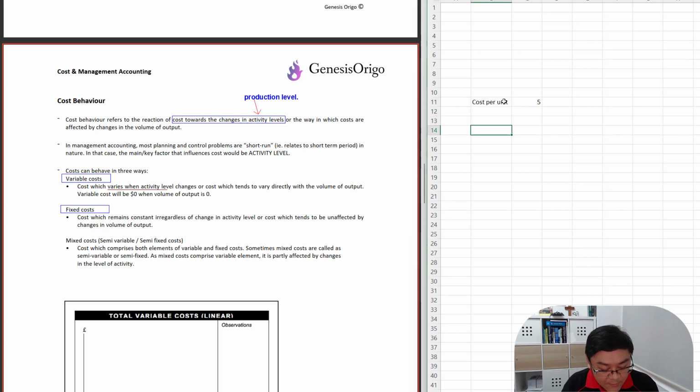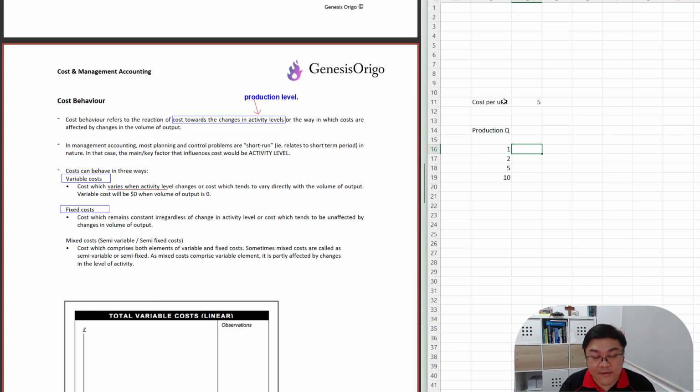What will happen to the total cost when your production quantity is 1 unit, 2 units, 5 units or 10 units? I guess you will know the simple math, right? If 1 unit is going to cost you $5, then 2 units is going to be 10, 5 units is going to be 25, right?